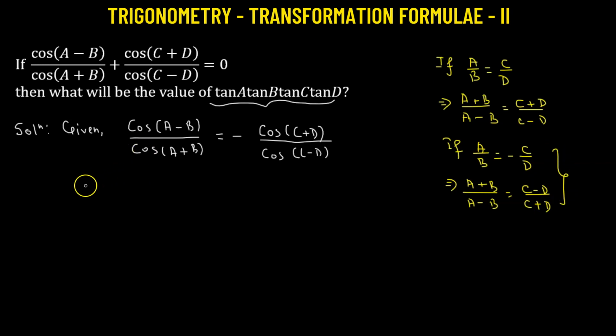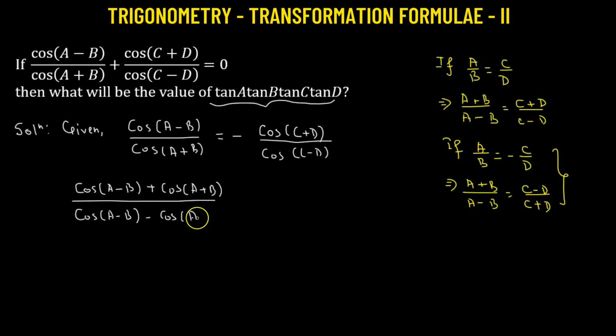So that means we will now get cosine of angle (a minus b) plus cosine of angle (a plus b), divided by cosine of angle (a minus b) minus cosine of angle (a plus b).